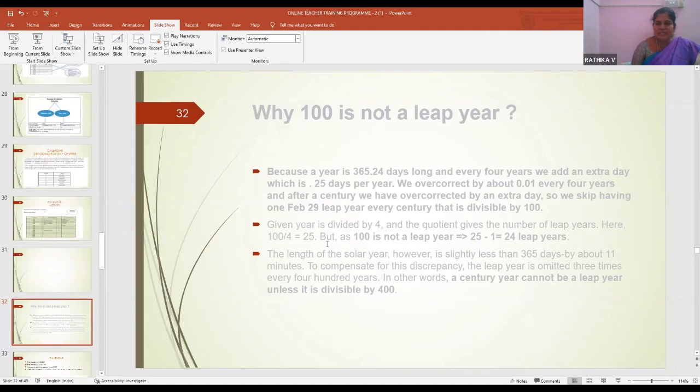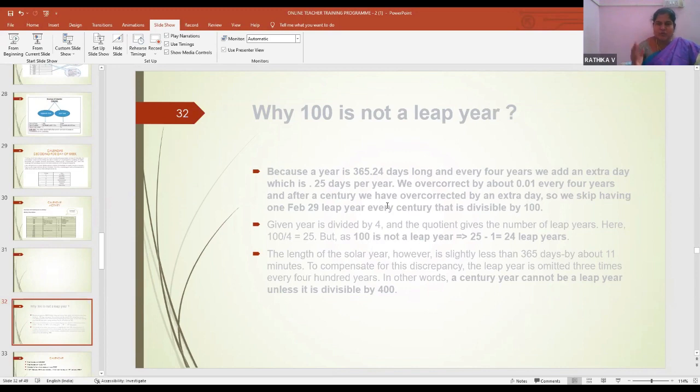So when we calculate, when one complete century is completed, what happens? Every 100 years, we may be adding some extra hours. That will be compensated in the 100th year, which is denoted as not a leap year.